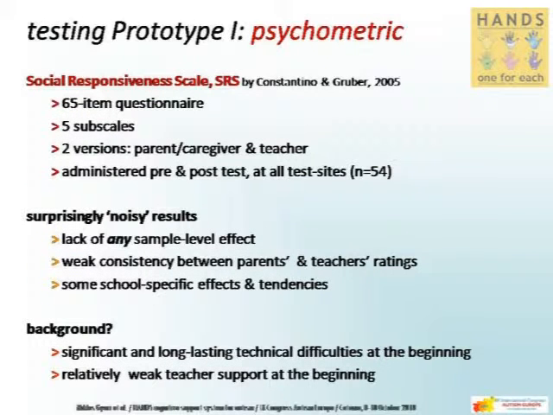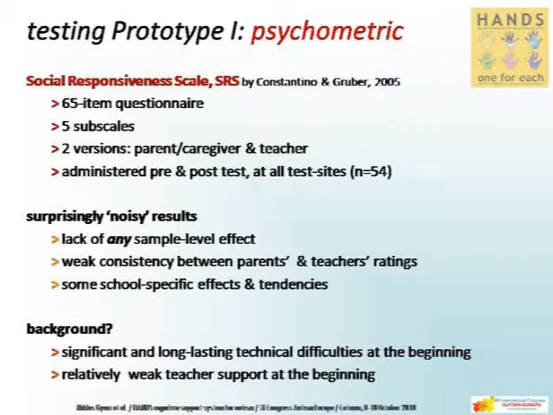Okay, very quickly about the psychometric studies. We use the Social Responsiveness Scale of Constantino and Gruber, a 65-item questionnaire, very easy and relatively fast to administer, which gives relatively rich data about social skills, communication skills, and partly about general behavioral adaptedness, so to say.